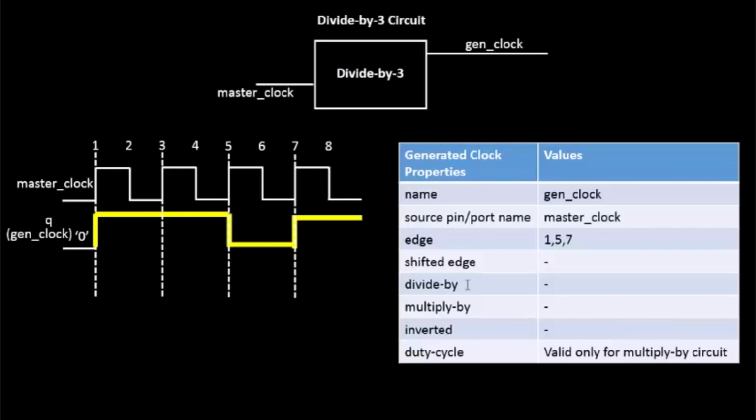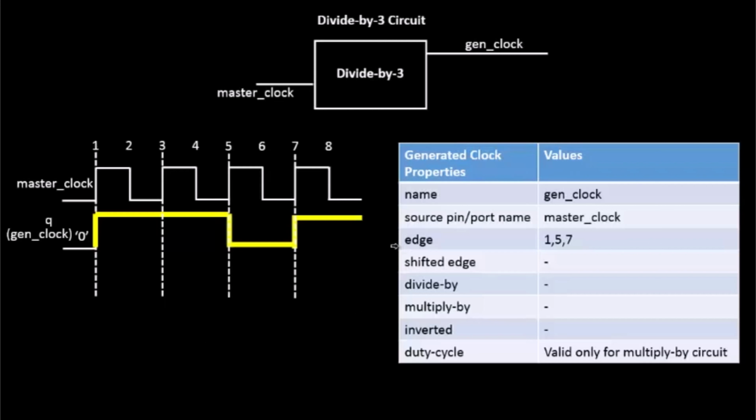Any binary division of divide by 2 can be represented by an edge, but the waveform of this kind can't be represented by a divide by 2, even though it's a dividable circuit. So that's the problem that we see with the edge option and the divide by 2 option.